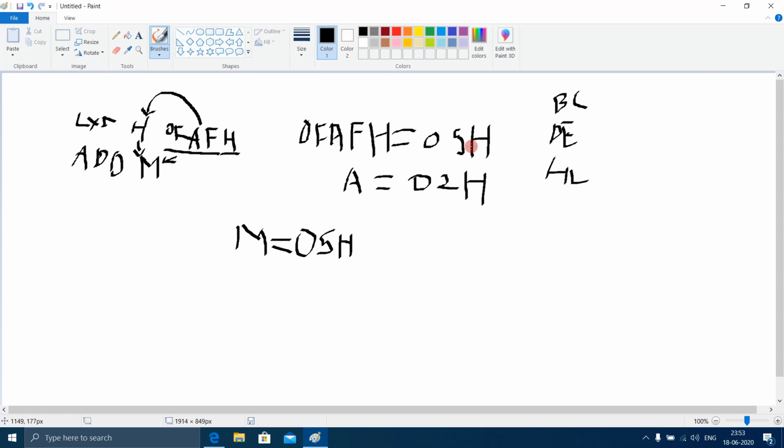So the HL pair points to the memory, and in memory what is stored? 05H.